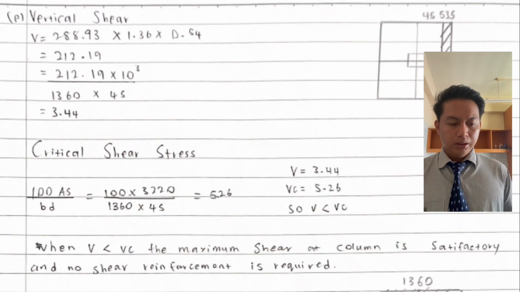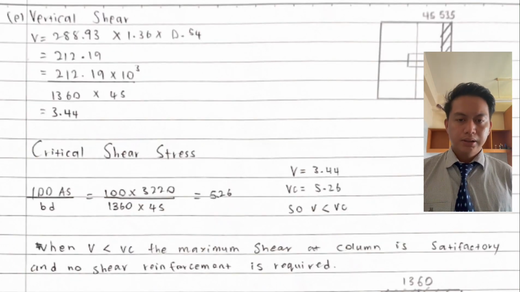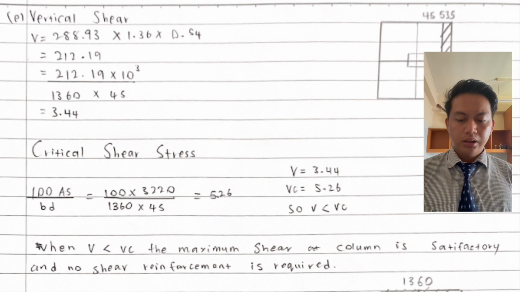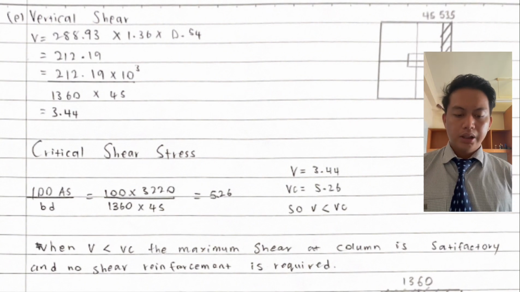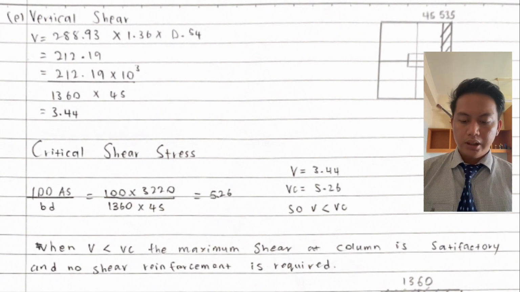And moving to the next one is the vertical shear. For the vertical shear, we got 3.44, and the critical shear stress, which is the VC, we got 5.26. So VC over V, the maximum shear at the column is satisfactory and no shear reinforcement is required.